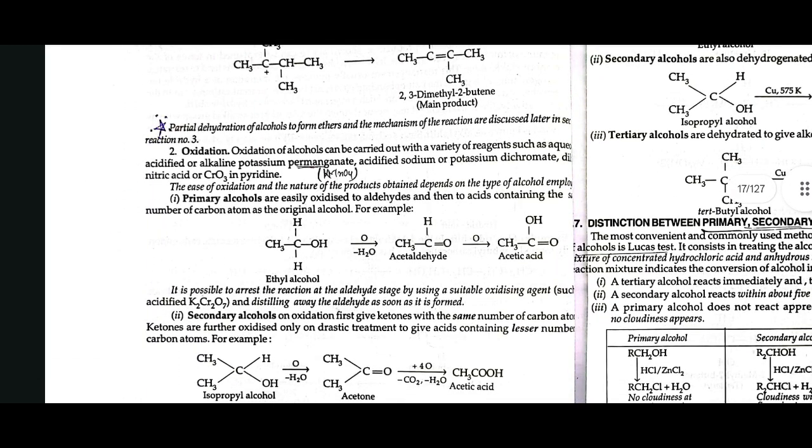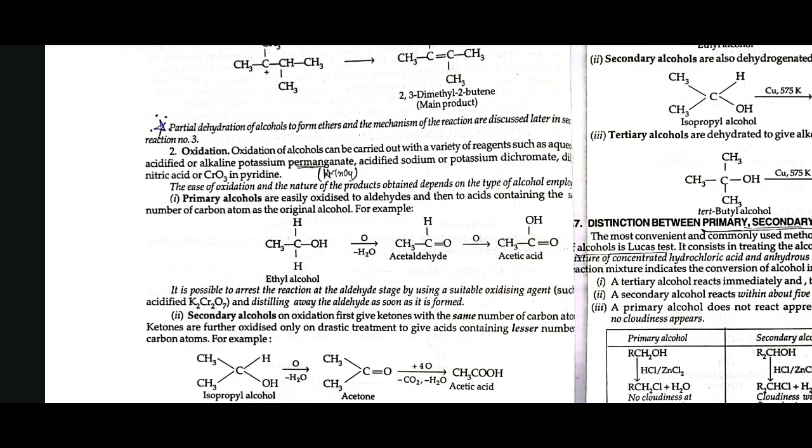Second, oxidation. Oxidation of alcohol can be carried out with a variety of reagents such as aqueous, acidified or alkaline potassium permanganate, acidified sodium or potassium dichromate, dilute nitric acid or CrO3 in pyridine. The stage of oxidation and the nature of the product obtained depends on the type of alcohol employed. First, primary alcohols.